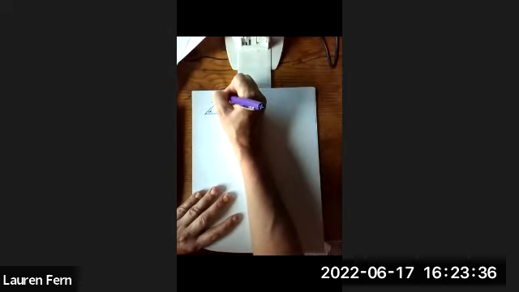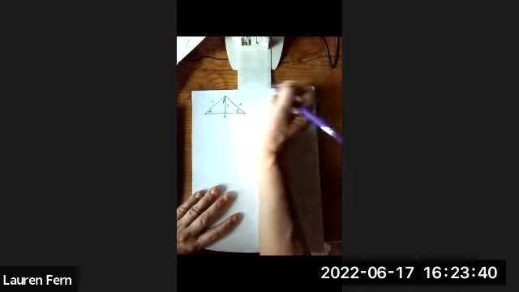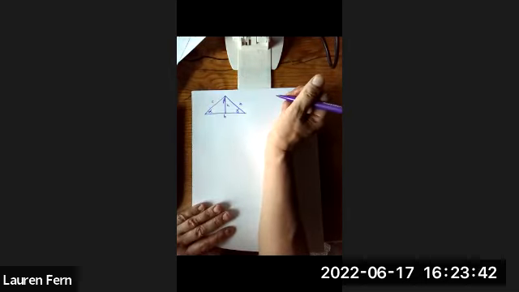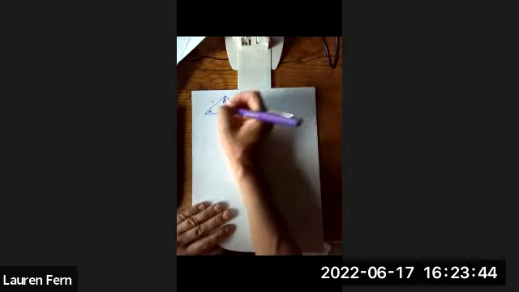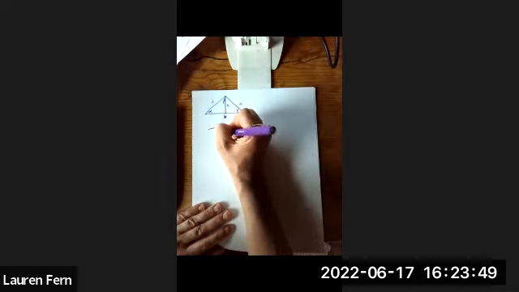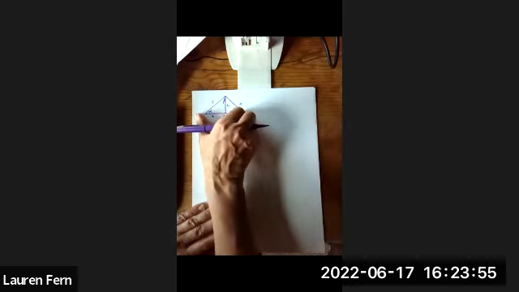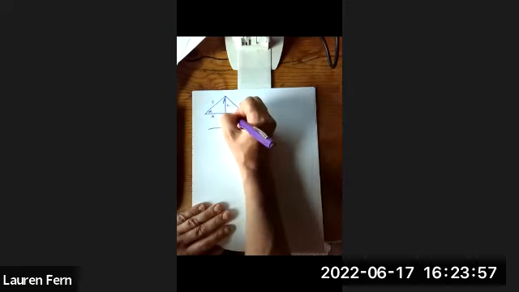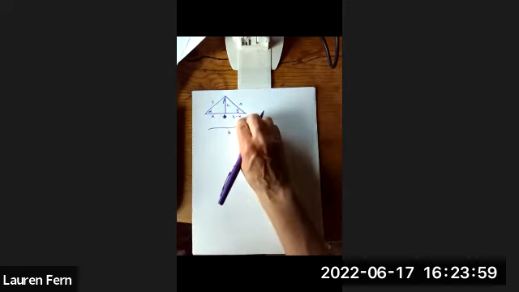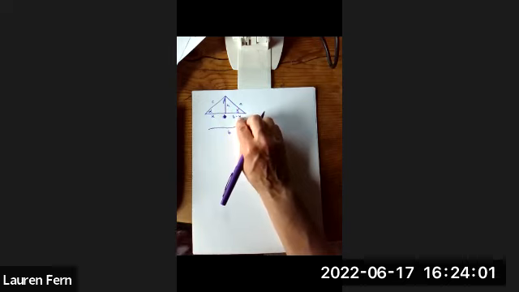And what I'm going to do is drop my altitude H again. When in doubt, go back to what we know. And I'm just going to say that if this whole side is B, I'm going to call this portion of it X. And if the whole thing is B and this portion of it is X, I claim the length of this side is B minus X.